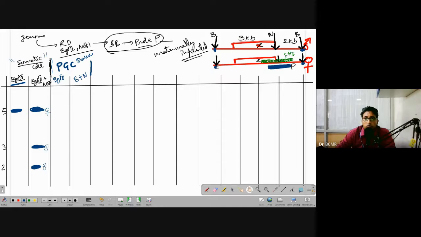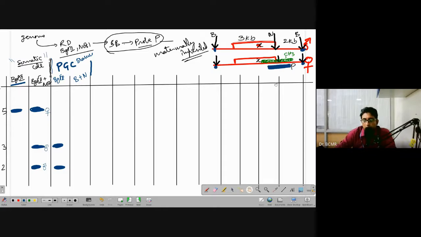That same thing will also happen for the maternal allele. A cut here, NOT1 will cut here, and BGL2 will cut here. So both the fragments are going to be cut, and it will give rise to 3 kb and 2 kb fragments. And please also remember that I have given you that the probe is recognizing both the fragments, right?